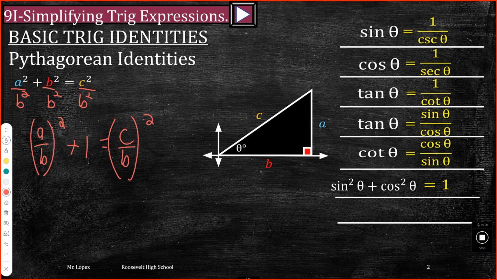What's a over b? Tangent. So the answer is tangent, but it's squared. Tangent squared theta plus 1 equals, what's c over b?